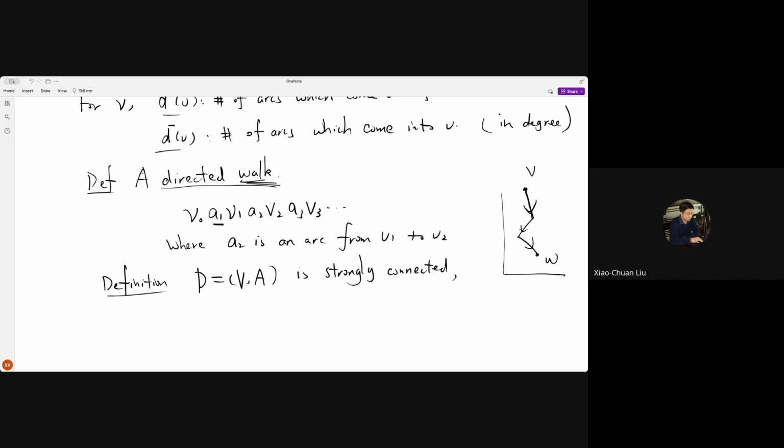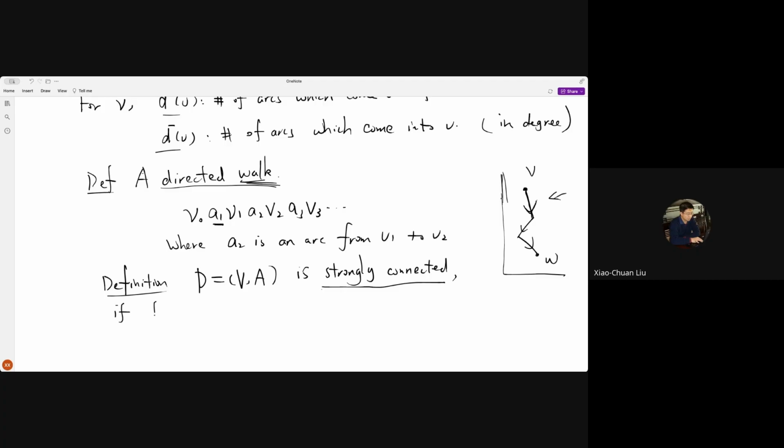We say a graph is strongly connected. The problem is that this digraph is connected. No problem. So we cannot say it's not connected. It's connected, but it's not connected enough. So we want to define something called strongly connected.